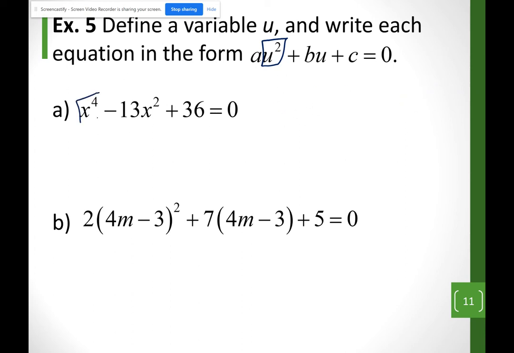I just came in and said, okay, I want this to be u squared. I want it to be x to the 4th. Let me do the square root of it on my exponents. So that means that u, let's see, u squared is equal to x to the 4th. Let me do the square root of it. So u is equal to x squared.